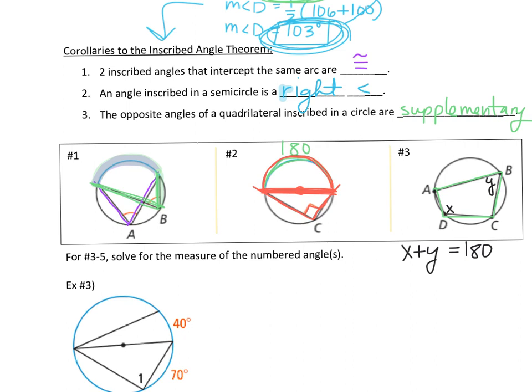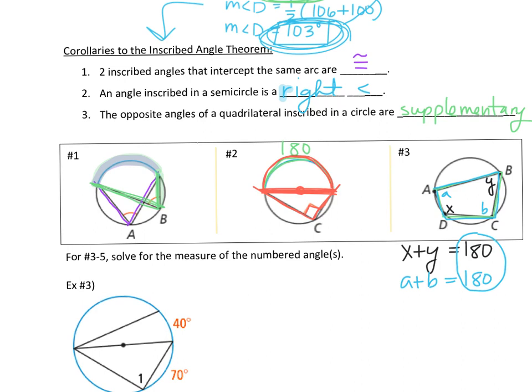Okay, I also know that A and B, if I add those together, they will also add up to 180, which makes sense, right? Because a quadrilateral, all 4 of them, should add up to 360, which is what would happen here.